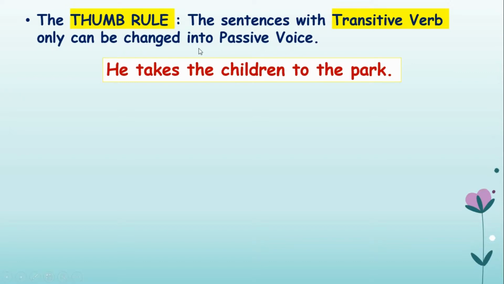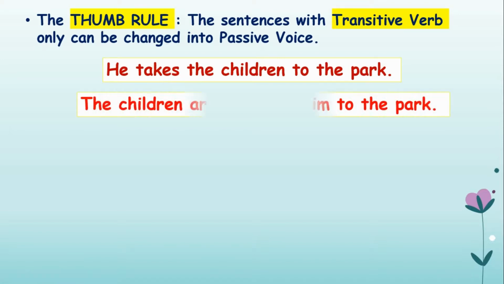So he is the subject, takes is the verb, the children is the object, and to the park is a prepositional phrase. So this sentence has the subject, verb, and the object as well. Here the verb takes is transitive because it has an object.